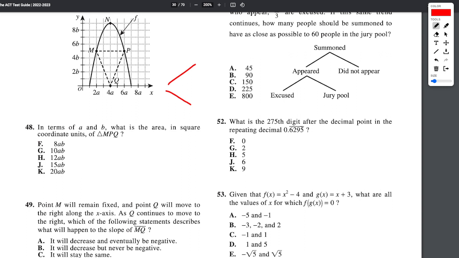Okay. And so if this has a negative slope, well, what does this mean? Well, you can calculate the slope right here, but we all know that usually it's rise over run, right? Our run is going to increase as Q moves to the right. Q is going farther and farther away.